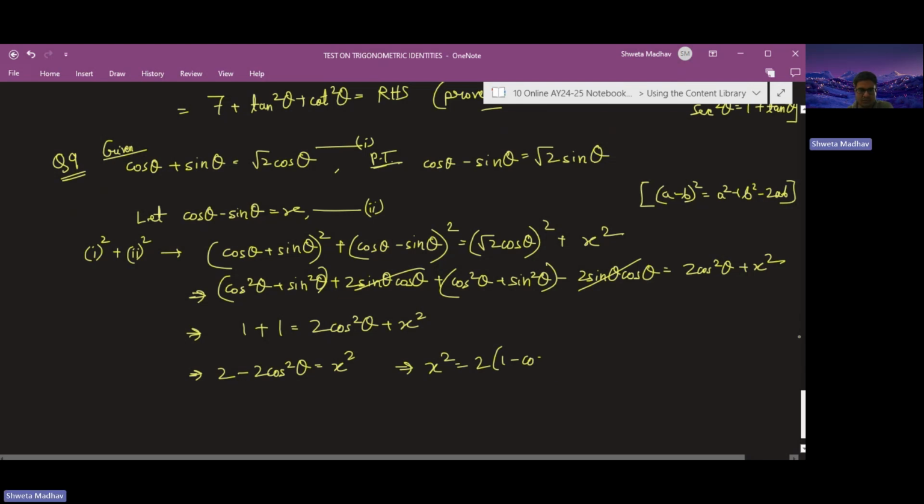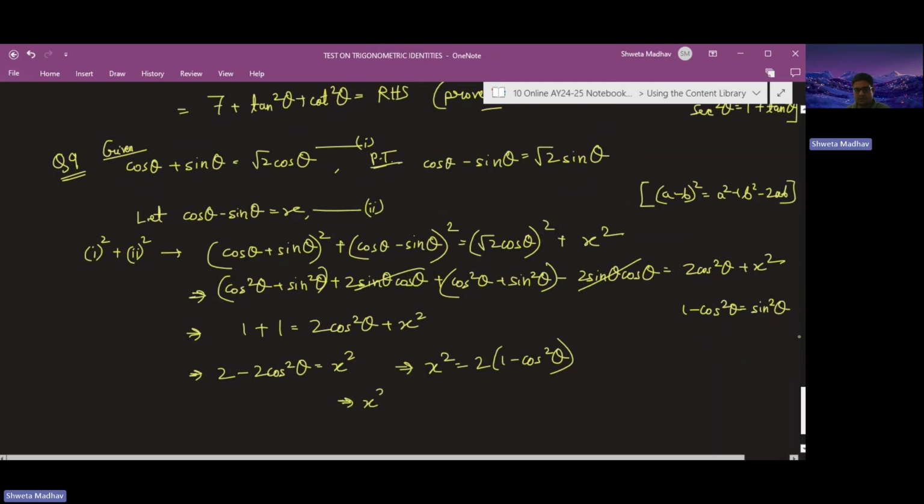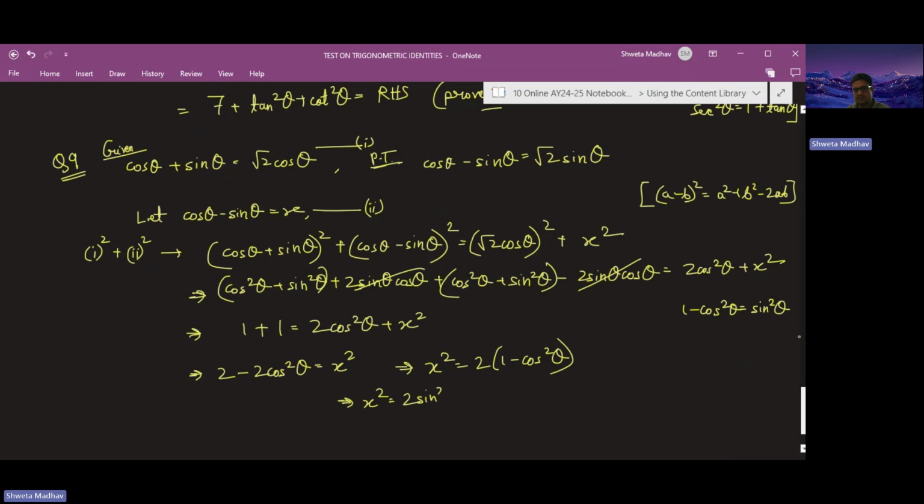From these two terms you can take 2 as common outside, and you know that 1 minus cos square theta is sin square theta. So x square will be equal to 2 sin square theta.